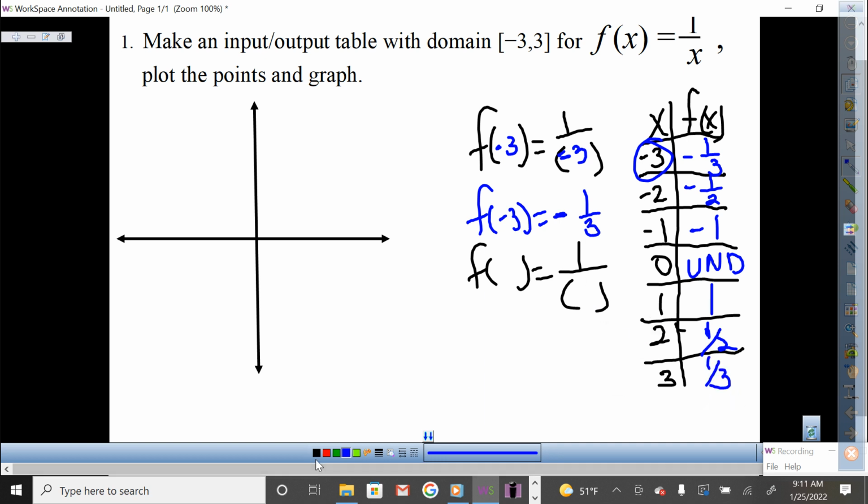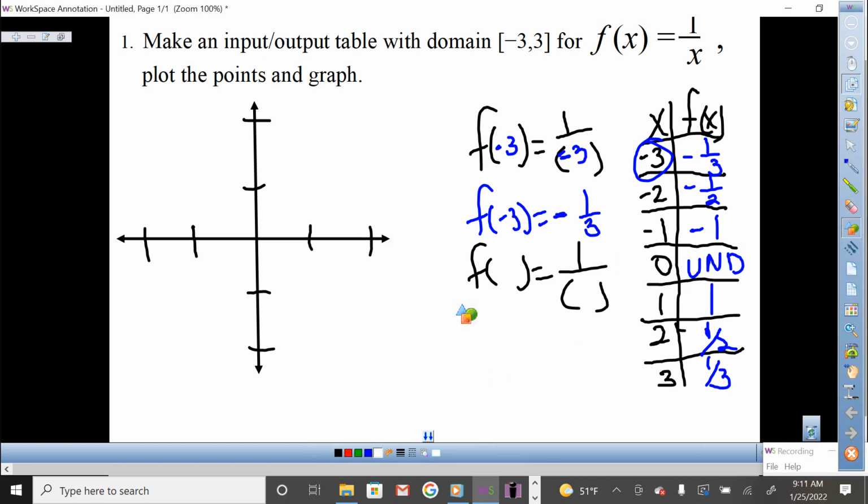Alright, let's plot that. We got negative 1, negative 2, 1, 2, negative 1, negative 2, 1, 2, negative 1. It sounds like a song. Let's go. Negative 3. Oh, I guess I need to go one more. Okay, I think I know what I'm going to do.